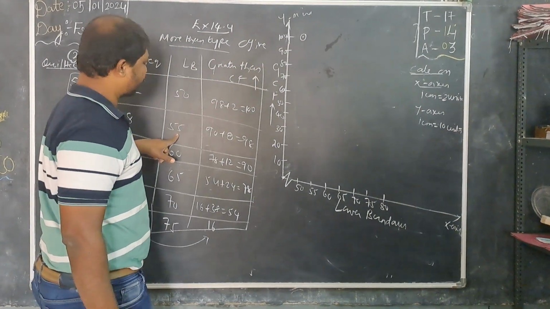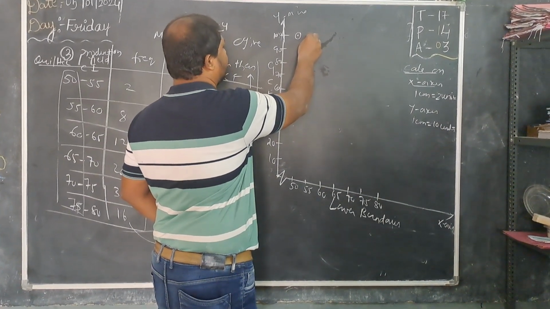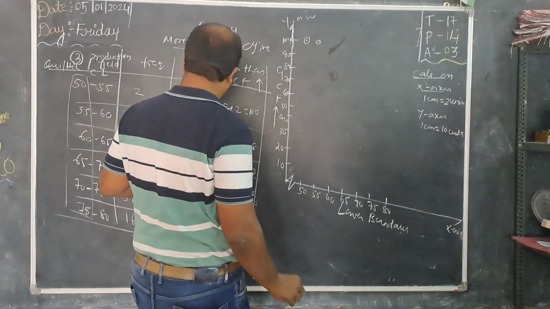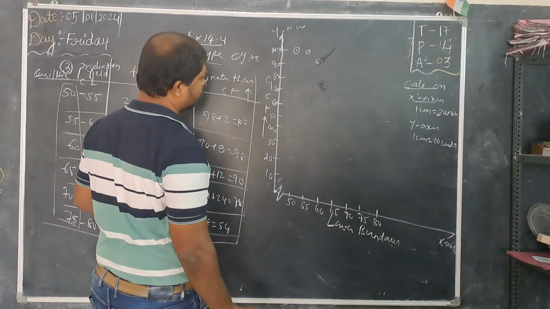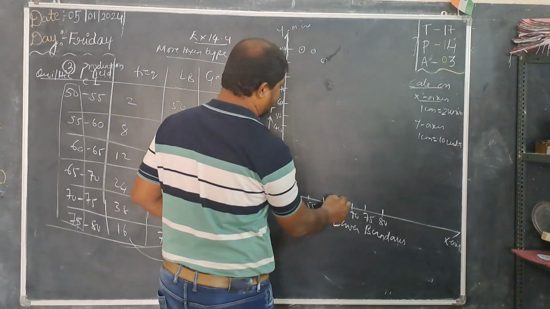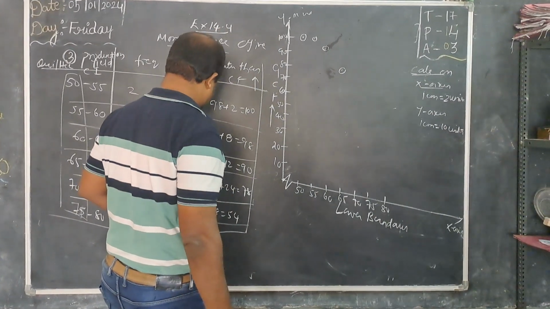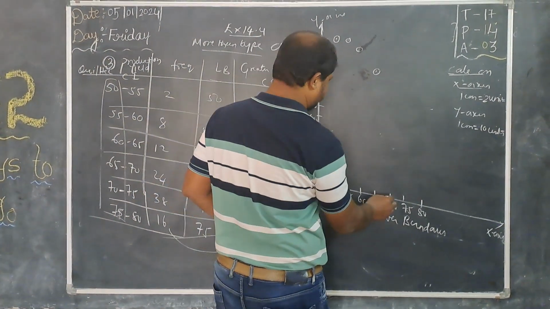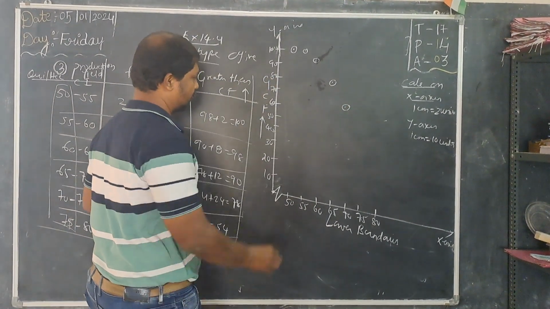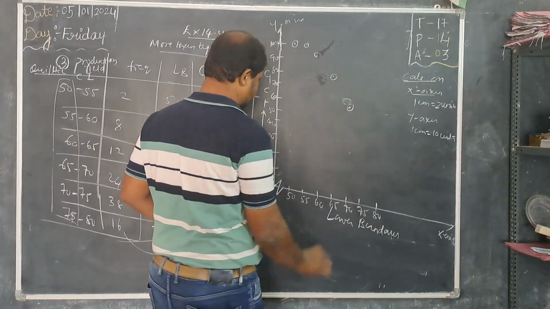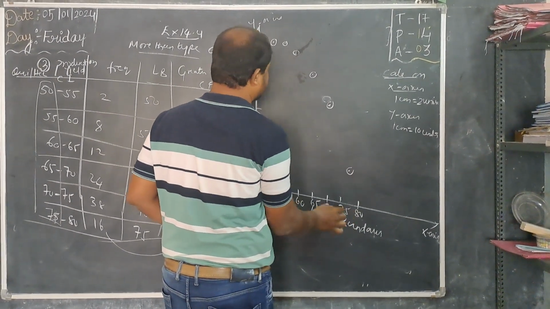Mark the point. 55 on x-axis is marked with 98 on y-axis, 2 lines below 100. 60 on x-axis is equal to 90 on y-axis. 65 on x-axis is equal to 78 on y-axis. 70 is equal to 54, after 54 lines. 75 is 16. That's 4 lines below 20.